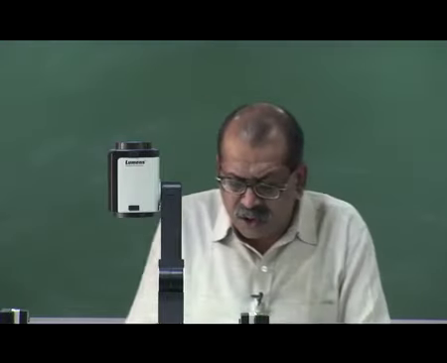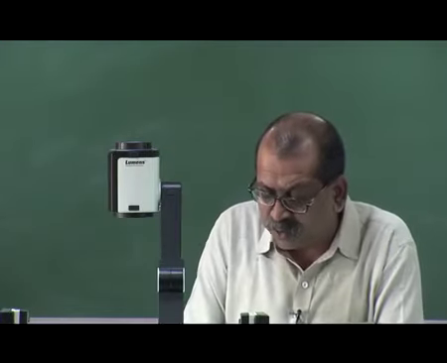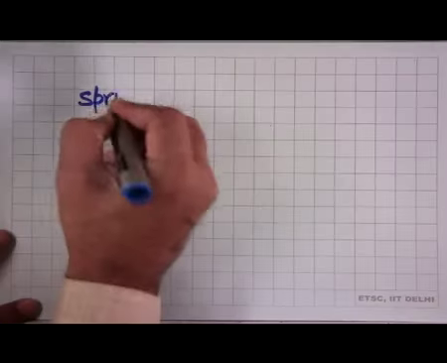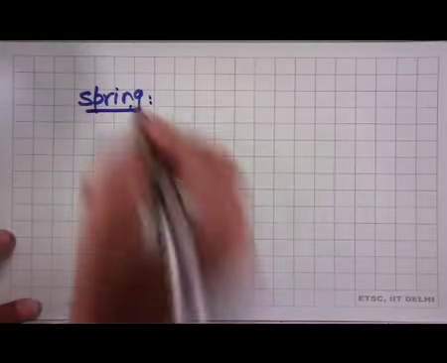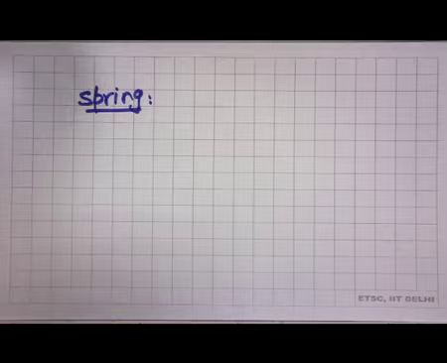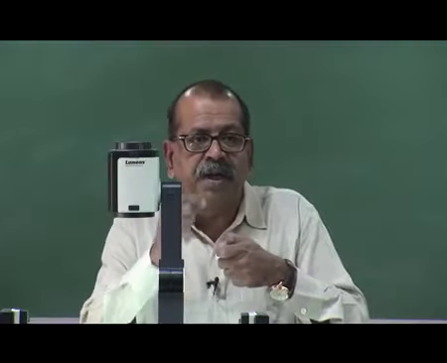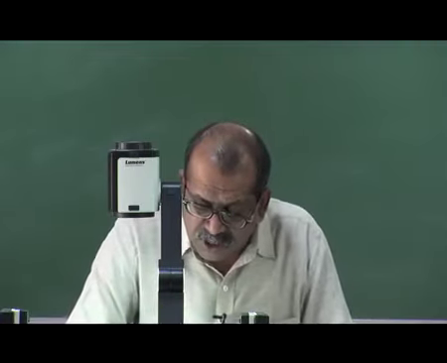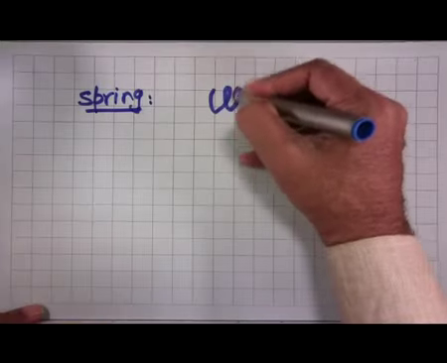So, let us look at the second type of contact force, by special bodies called springs. Springs you may have seen, if you open up a ballpoint pen, you see a small spring. So, this is like a coiled wire.